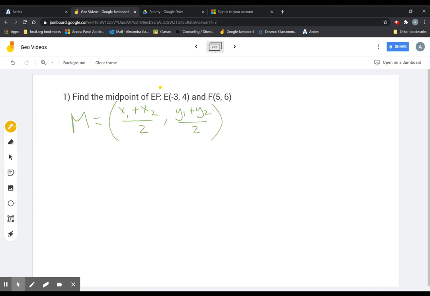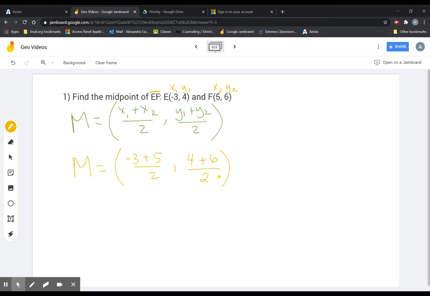So we need to find the midpoint of EF. EF has this bar over it, and it's X1, Y1. We'll label them X2, Y2. So first X is -3, second X is 5, first Y is 4, second Y is 6. So to find the midpoint, I'm going to take my first X, -3, plus my second X, 5, divided by 2, and Y1 is 4, plus Y2, divide by 2.